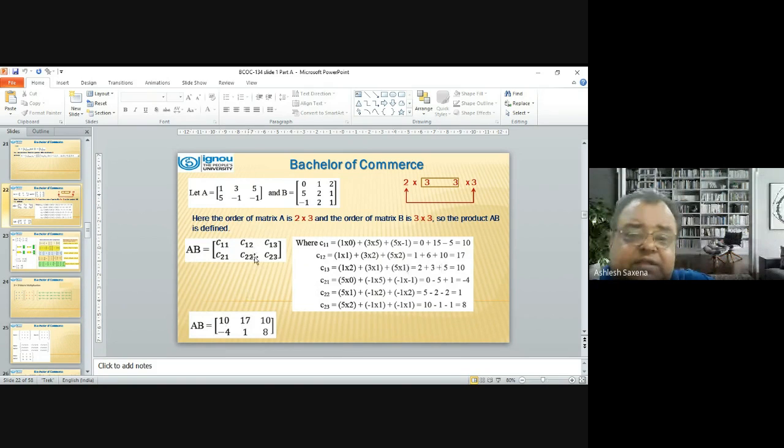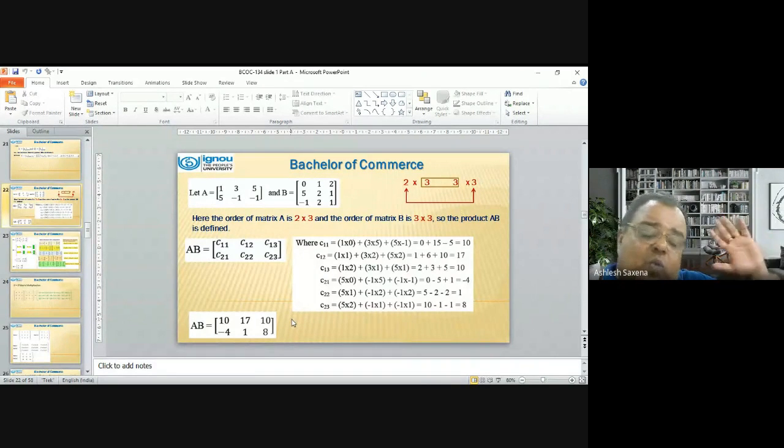C11 is 10, C12 is 17, C13 is 10, C21 is minus 4, C22 is 1, C23 is 8. This is the matrix C, that means the product of A and B. You can see these are the two rows and these are the three columns. Your answer is a 2 by 3 matrix.